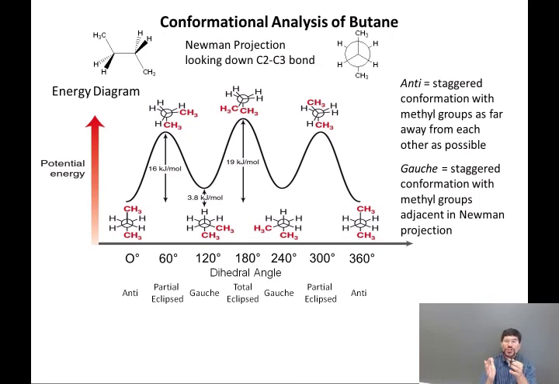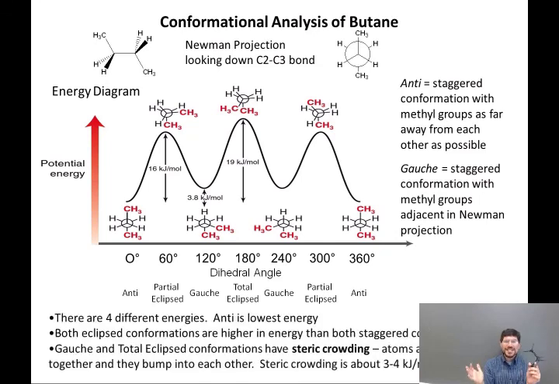And in the partially eclipsed conformation, the bonds are eclipsing each other, but the methyl groups are not eclipsing each other. So, as you could probably imagine, the totally eclipsed conformation, where these methyl groups are really close to each other, is going to be higher in energy than the partially eclipsed conformations, where the methyl groups are, for all intents and purposes, out of each other's way.